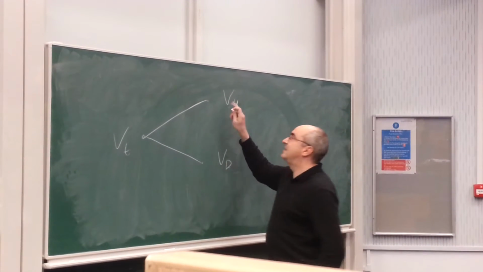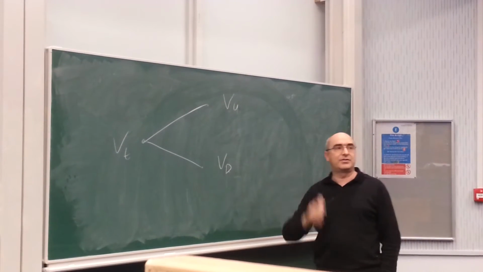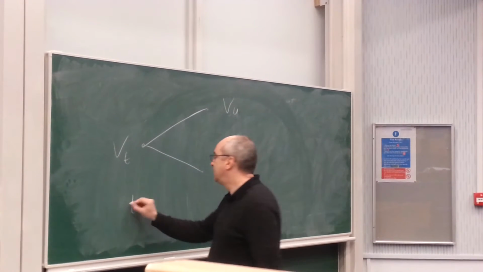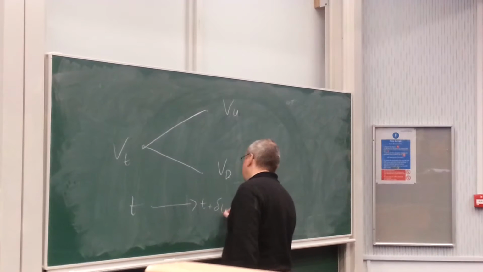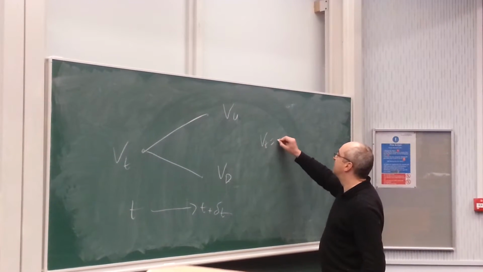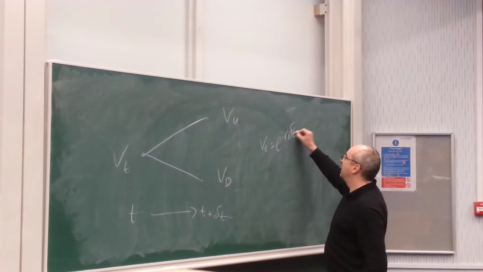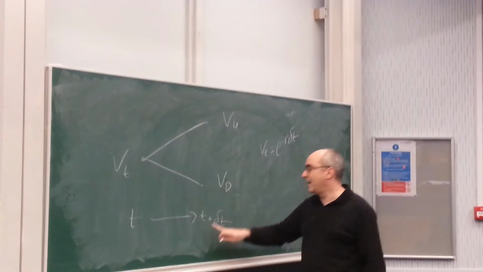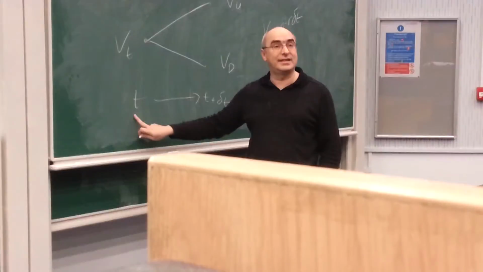VU and VD are the future specified values that I'm interested in. Those are the values that I want at time step t to t plus delta t. What I've got is Vt is e to the minus r delta t. That's like a discounting value when I discount from t plus delta t back to t.